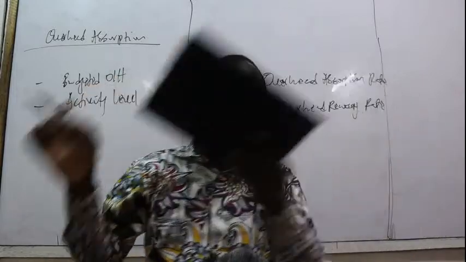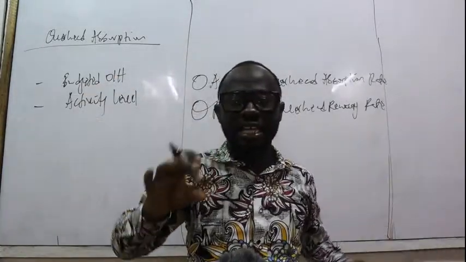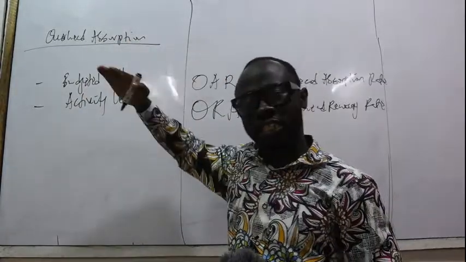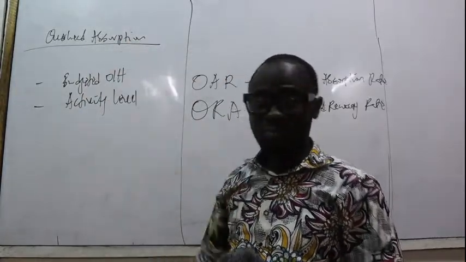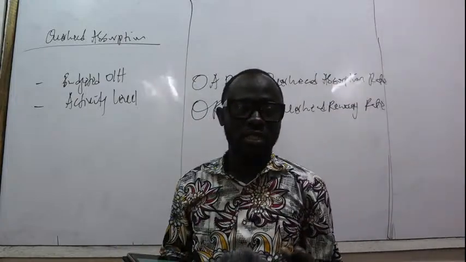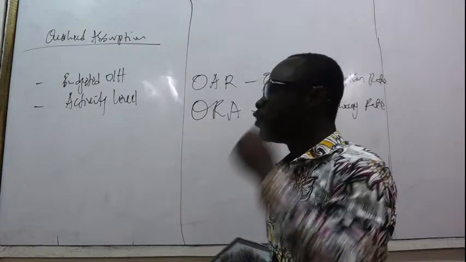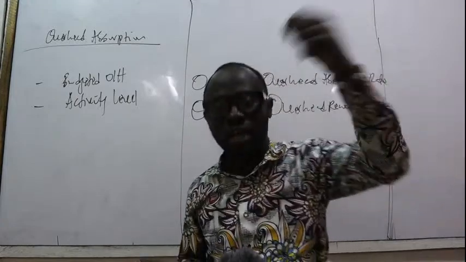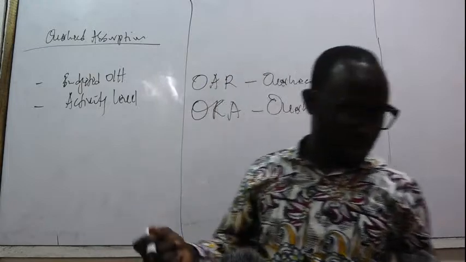It could be about labor cost. Whatever it is, we determine the activity level. So step 1, you estimate the cost you are expecting to incur, and that is the budgeted overheads. And then number 2, you estimate the activity level expected to be undertaken during that budgeted period.